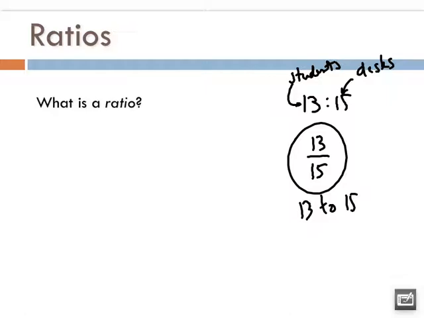If there's 525 freshmen, how many desks would there be? What did I say, 520? 525. Wait, 520 students or desks? 525 freshmen. How many desks would we need if we keep that ratio the same? We'll come back to this later. That's the question I'm going to pose eventually.